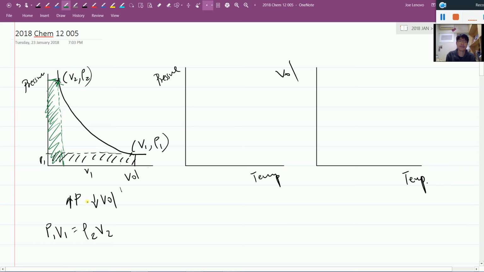So that's basically where the formulas come from by looking at the graph.